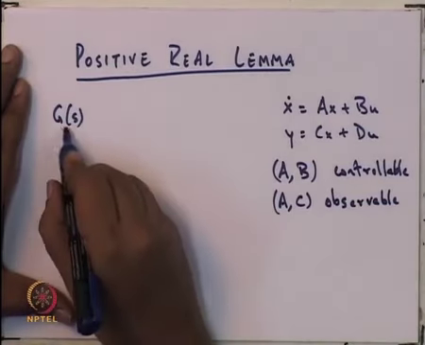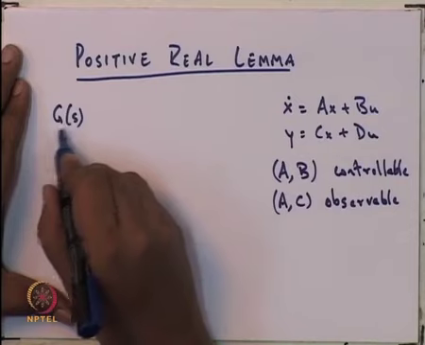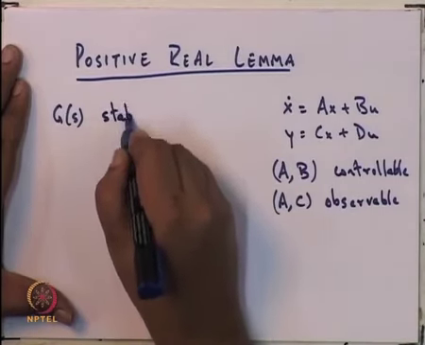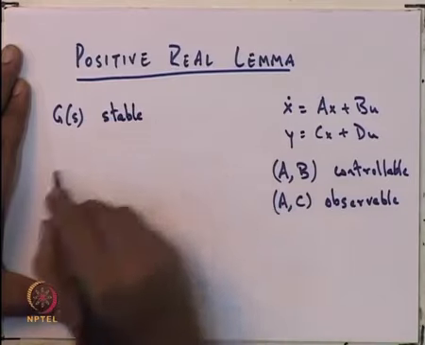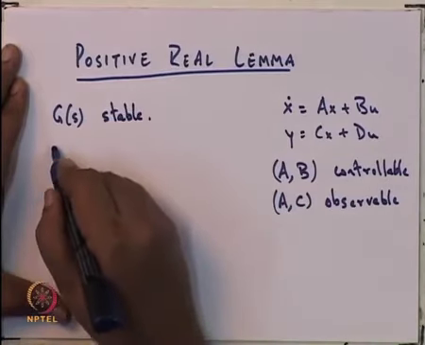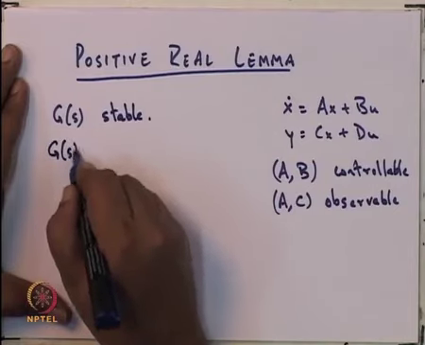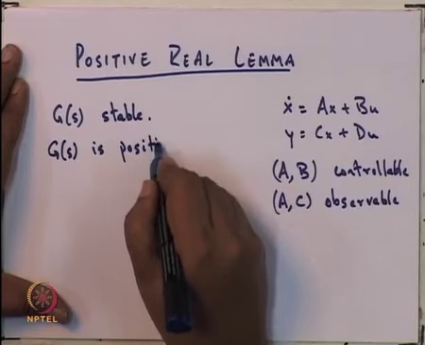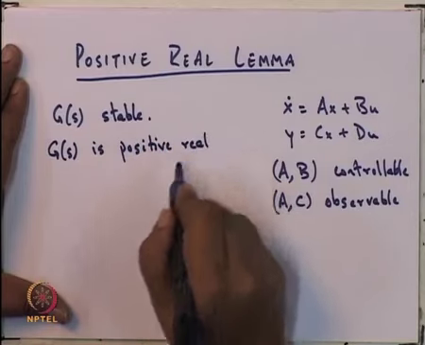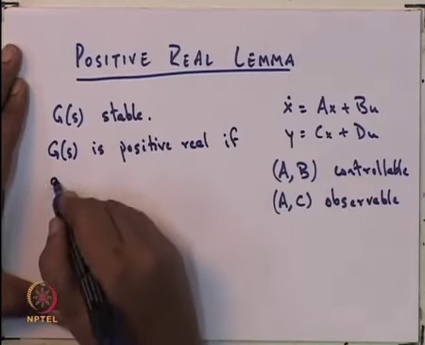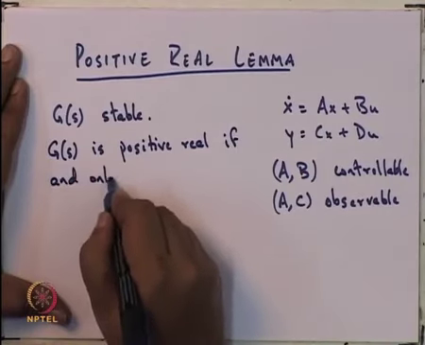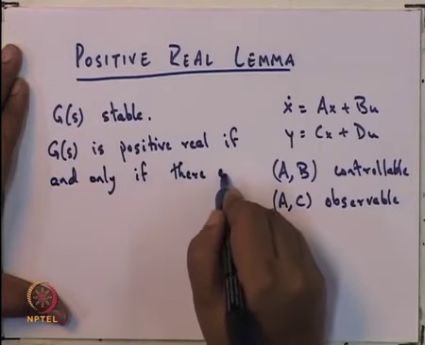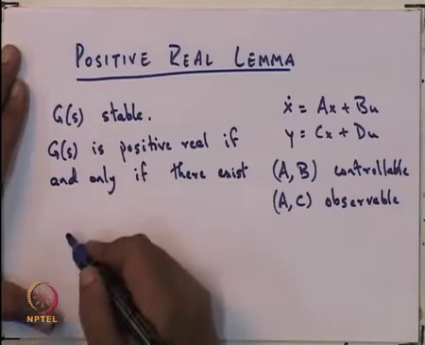Further, we assume that this transfer function is stable. Okay, so G(s) is stable. Then the statement says that G(s) is positive real if and only if there exist three matrices.